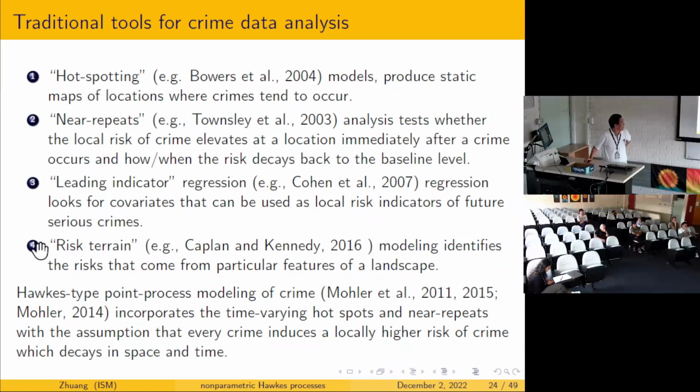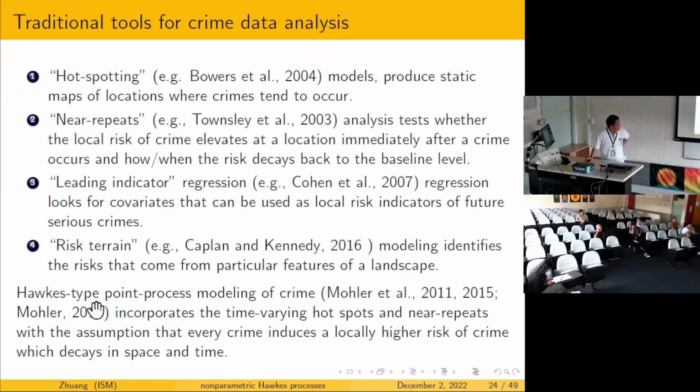And the fourth model is the risk terrain model. It is trying to identify the risk coming from the features of the landscape. So what kind of landscape is more likely to have crimes? Those are the traditional models.